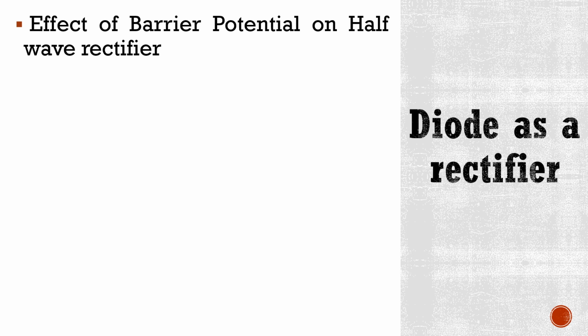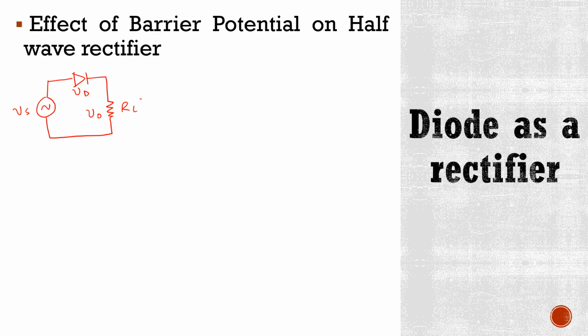Now we will understand the effect of barrier potential on a half wave rectifier. We know that the circuit of a half wave rectifier is like this, where here is the load resistor, this is the source, and here we have the voltage source, this is the diode, and here we have the output.